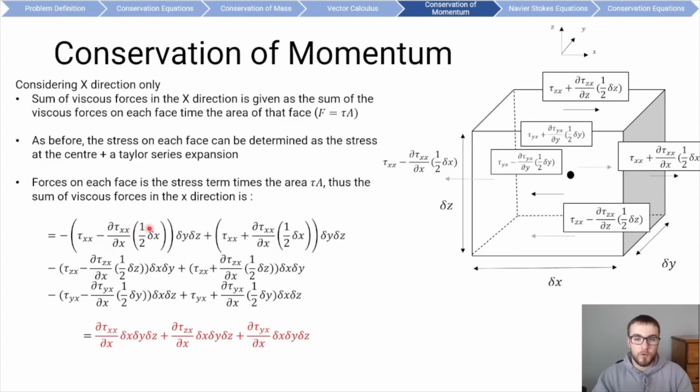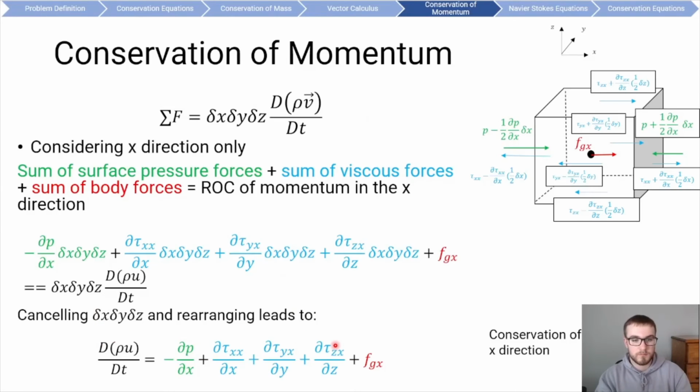I do this for every face, and this is the final expression that I get for the total viscous forces acting in the x direction. So this is our viscous stresses multiplied by the area of the face on which they act, and that gives us the total viscous forces in the x direction.